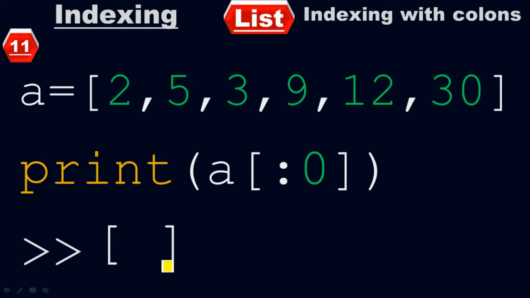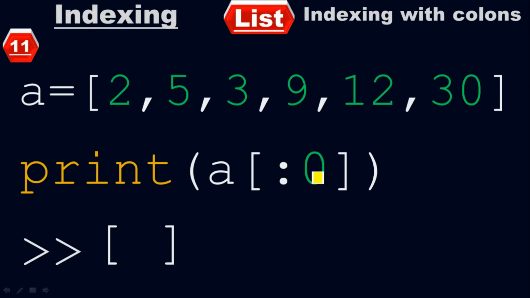Because remember, on the right of the colon, whatever value you have, the last index value is not counted. It is excluded. You have to go up to just before the last value. For example, if you have 0 there, 0 is not included, therefore we don't have 2 here. We have an empty list.